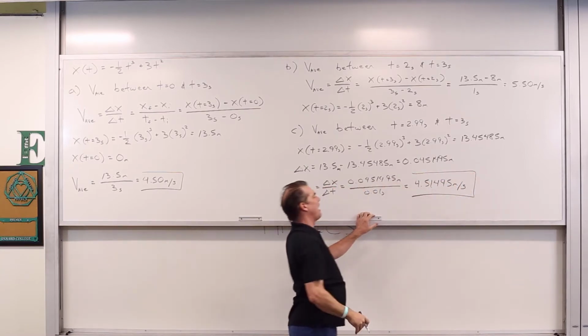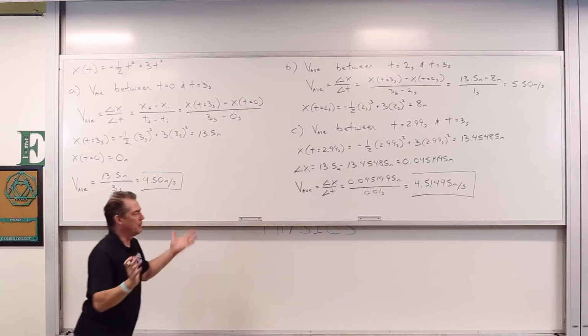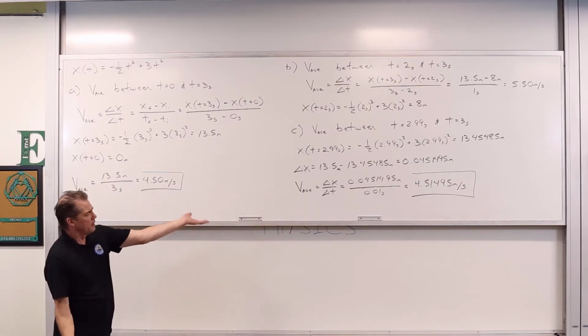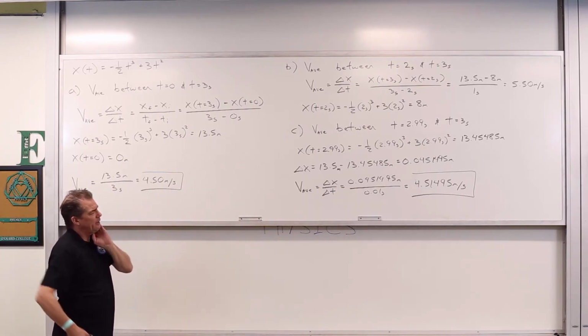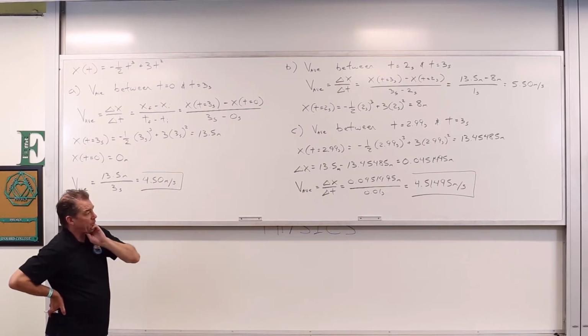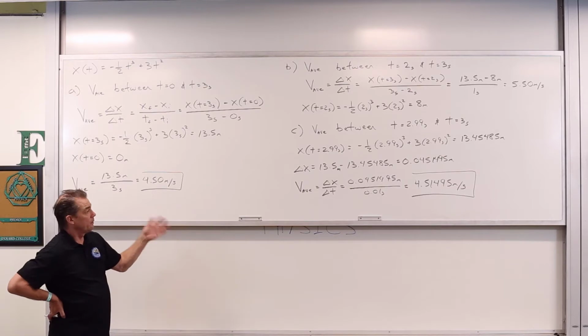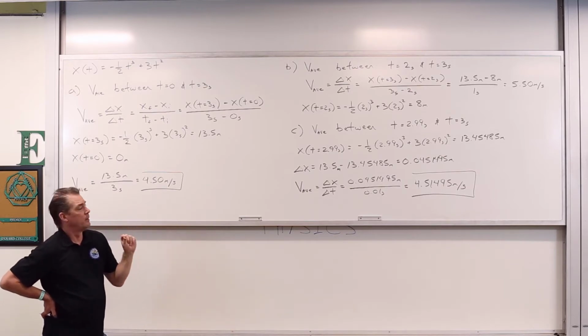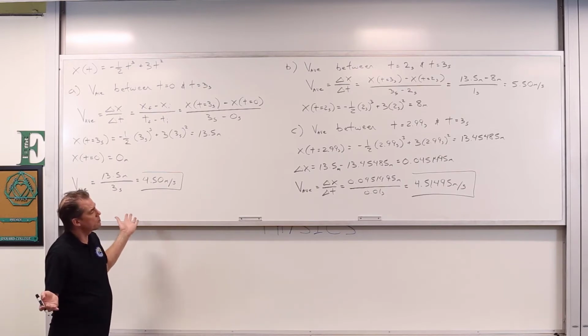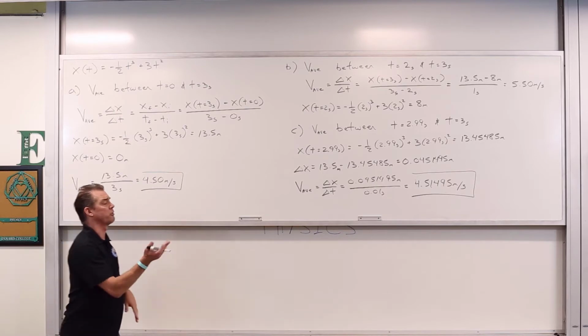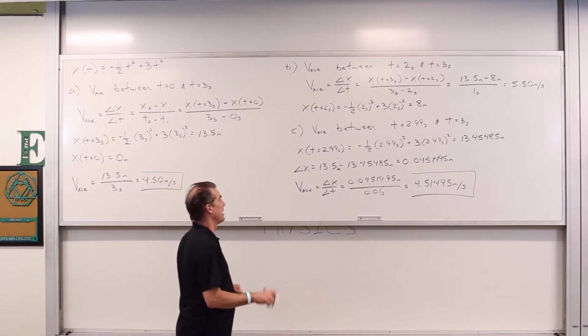We can round that off and call it 4.51 meters per second, 3 significant figures, but I'll leave them all out there. Well, that's not how fast it's actually going. That's still just an average velocity over a very small time interval. Nonetheless, we can shrink down time intervals and start to approach the instantaneous velocity.